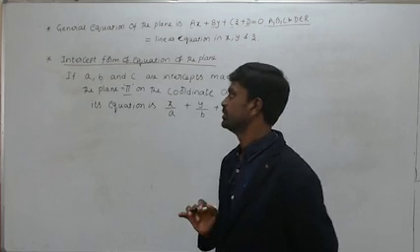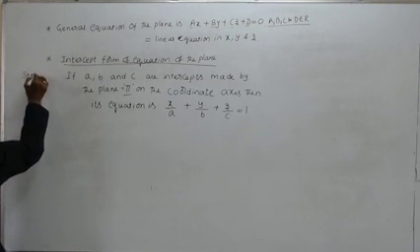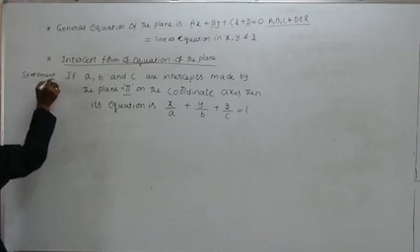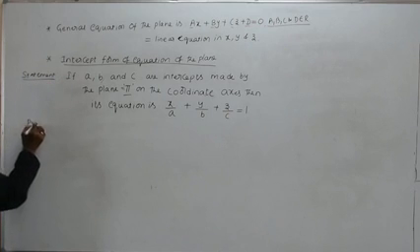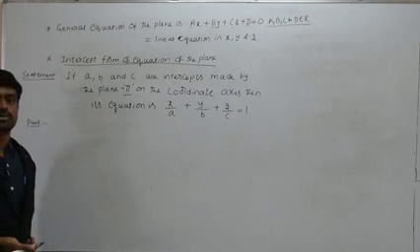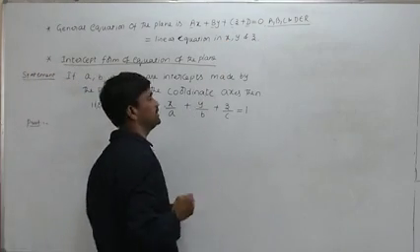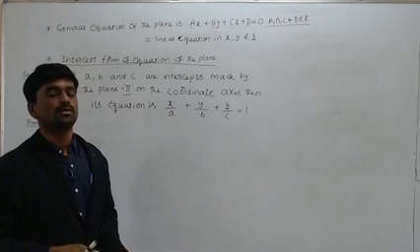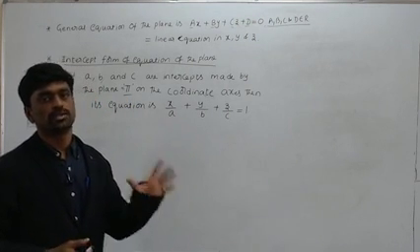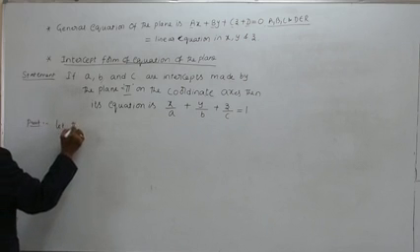Okay, so just look at the proof, a small proof. This is like a statement. Proof. So let us assume the equation of the required plane is Ax + By + Cz + D = 0. That means we are assuming the equation of the plane in general form.